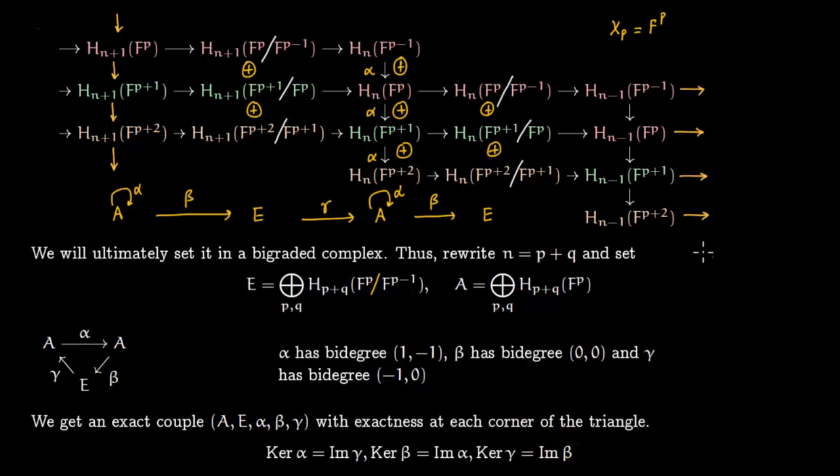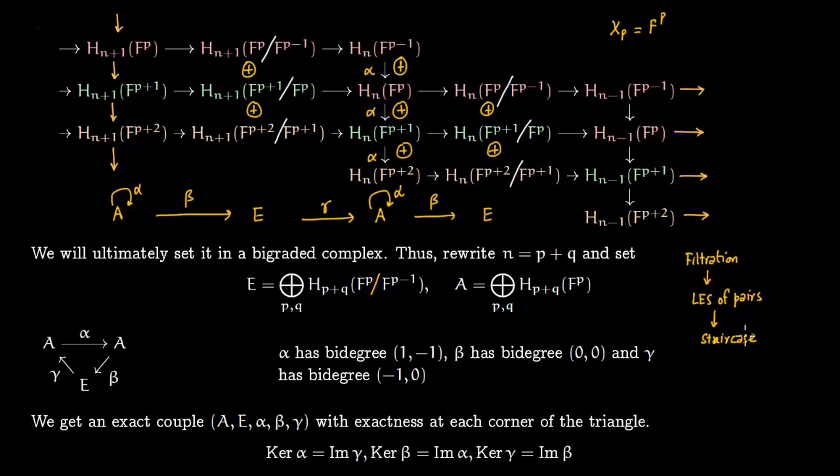So our story is like this. You start with the filtration. Once you have a filtration, you start building long exact sequences of pairs. Once you have the long exact sequences of pairs, you fit them in a staircase diagram.